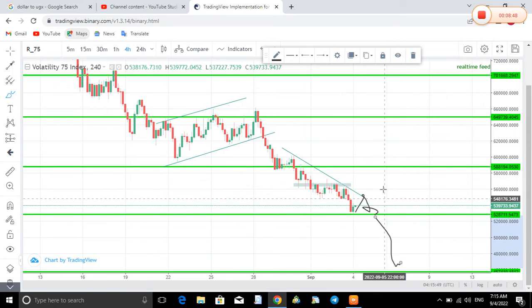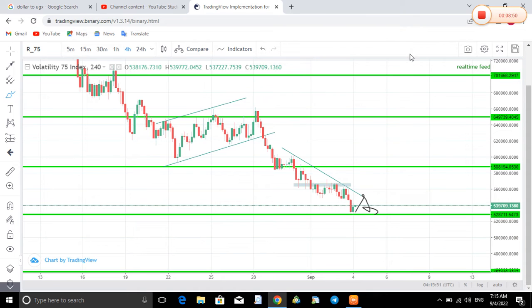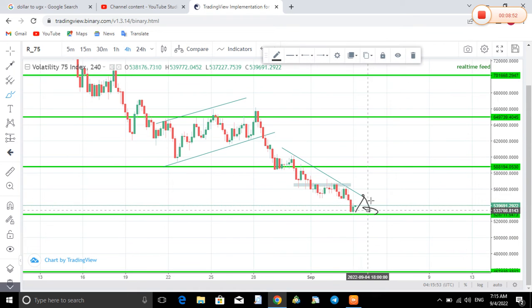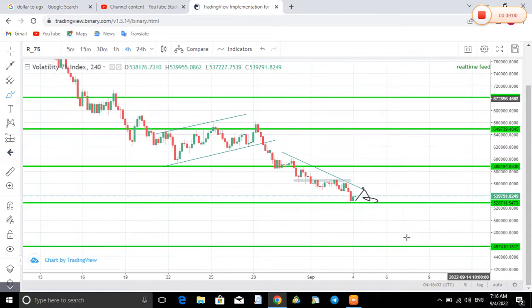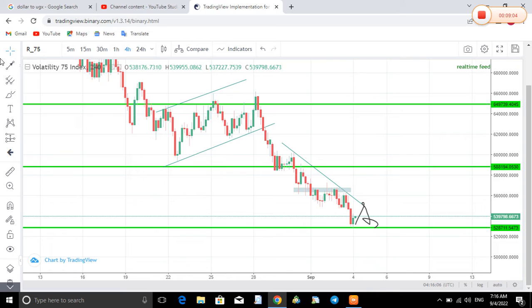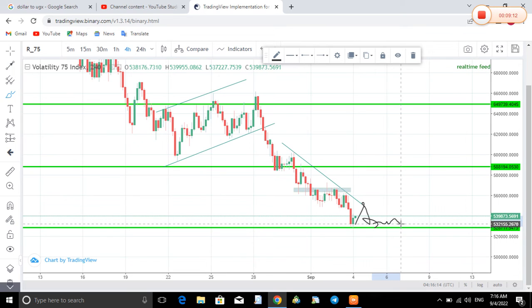Or we can see 75, let me first delete this, consolidating around this level, making a sort of bearish flag, also to continue pushing the price to the downside.